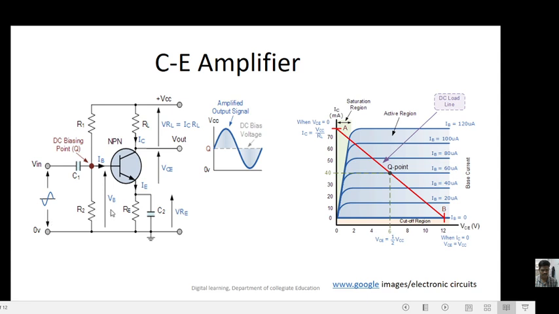For VBE, we have to measure the voltage from here to here, and the output can be shown like this. So the output characteristics of the circuit diagram is given here. This is the characteristics curve of the DC load line.